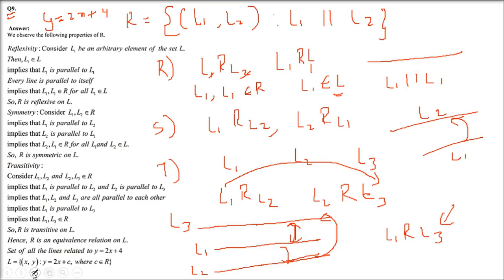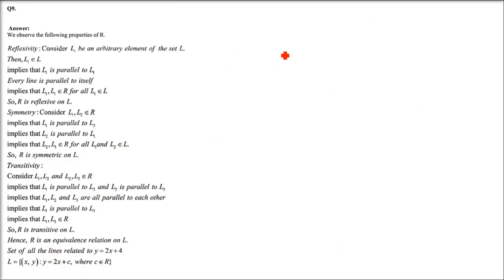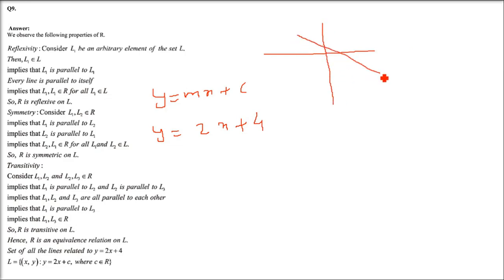If I take you to the straight lines discussion which we had in the earlier sessions, y equals mx plus c is the general equation of a line with m as the slope and c as the y-intercept. So this is a line which is being given, y equals 2x plus 4, because the question is saying that this line is in the xy plane.